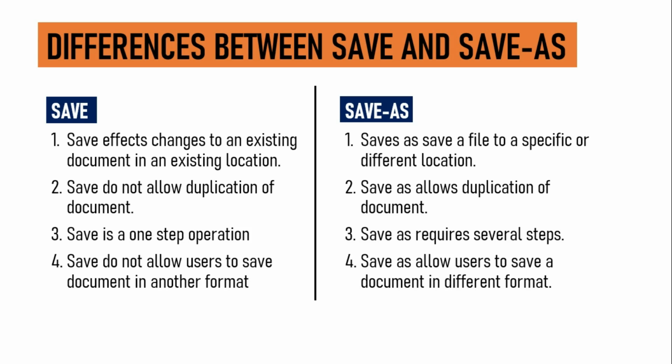So these are the differences between the save and save as command, and having this at your fingertips will allow you to understand when and where to use these commands whenever you are working within Microsoft Word software.